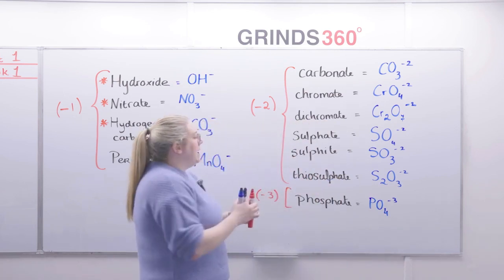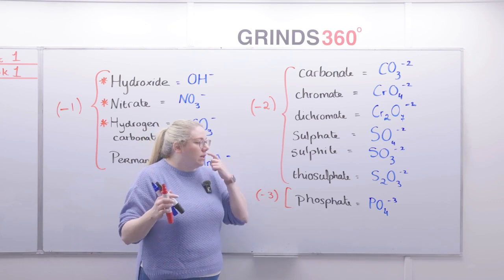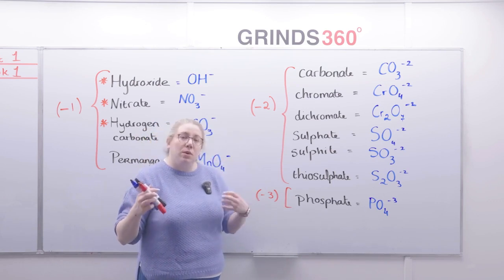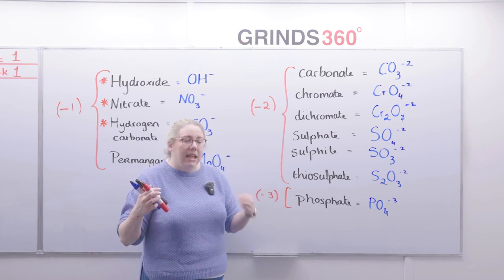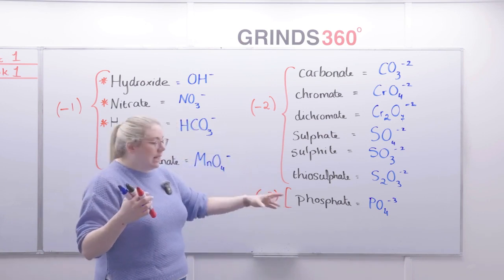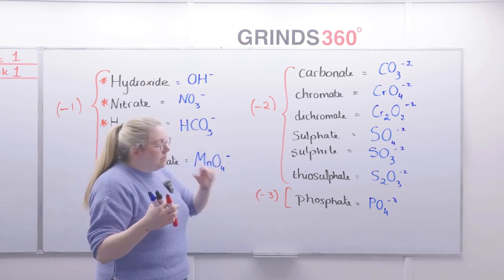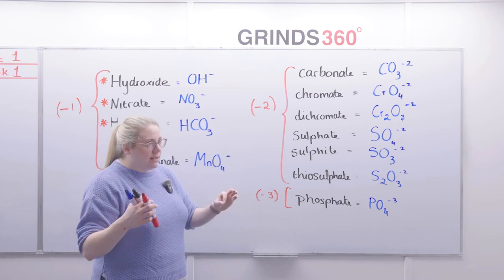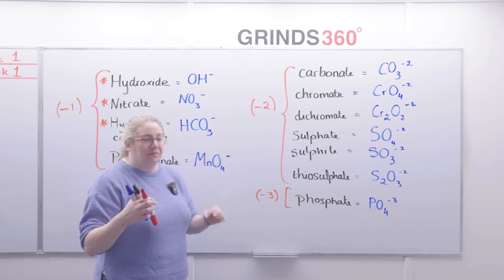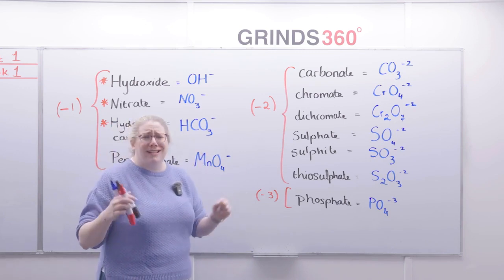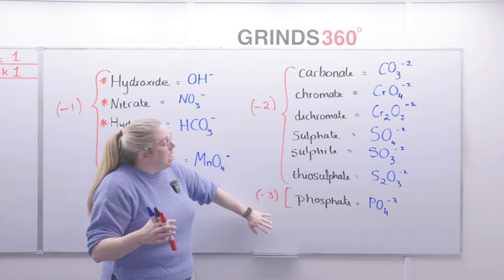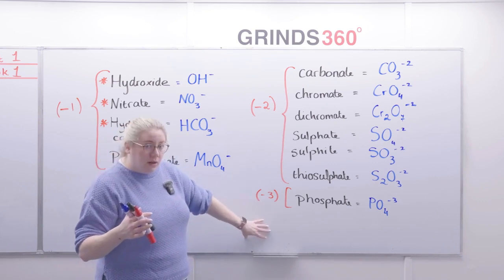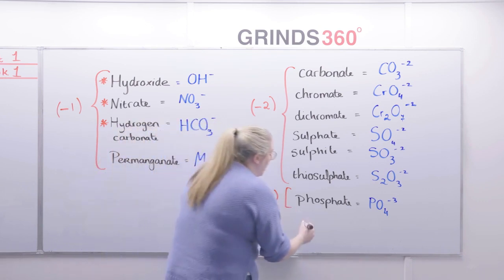There are a couple of places where you'll come across phosphate ions. One of them is in acids and bases. You'll come across phosphoric acid. It's a triprotic acid. We'll see it later. Now, down the bottom, you have the only positive polyatomic ion on the Leaving Cert course. Try saying that 10 times. It's the only positive one that you're going to come across, and it's the ammonium ion.